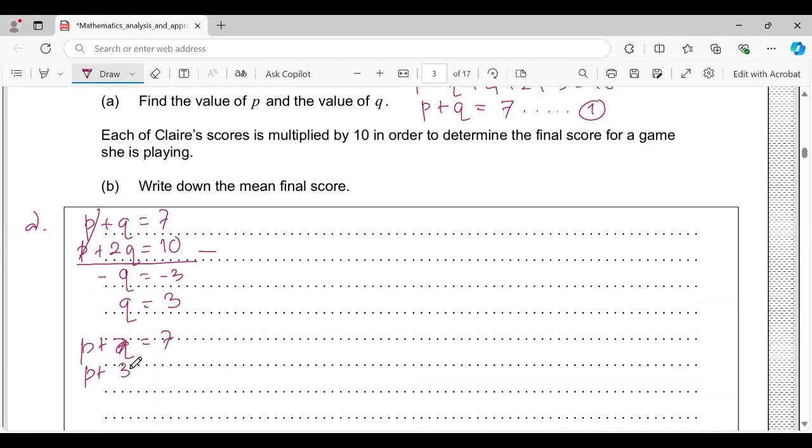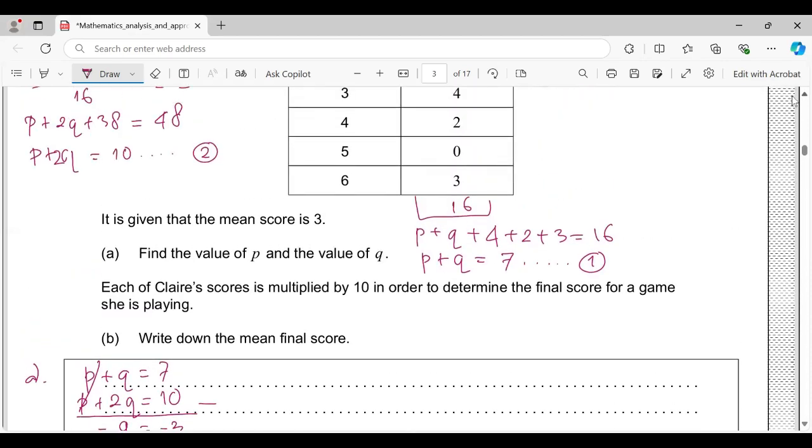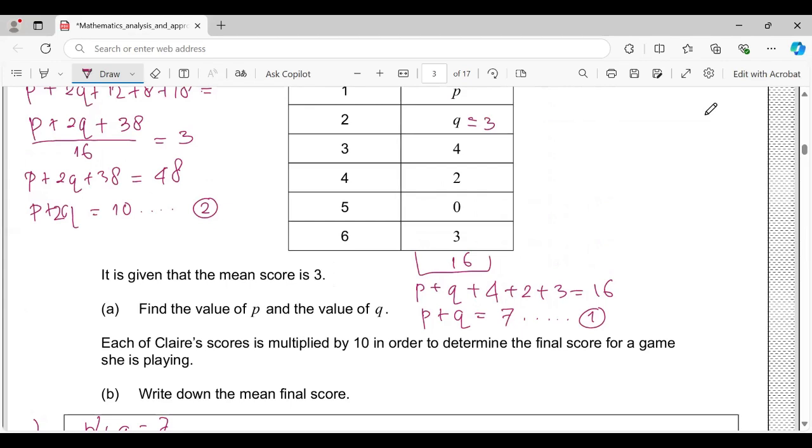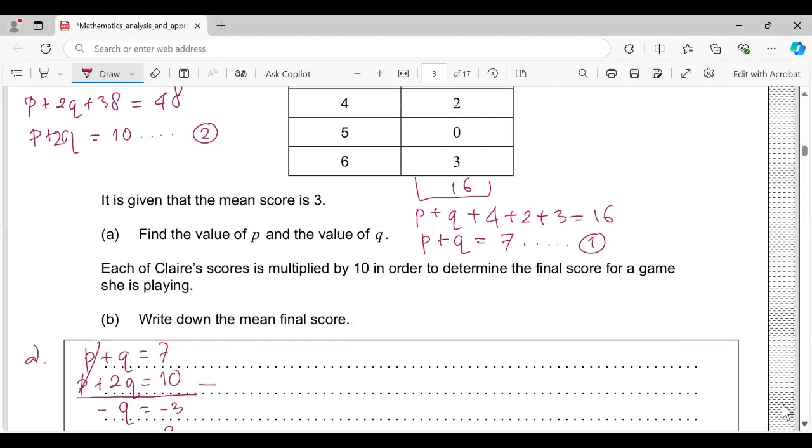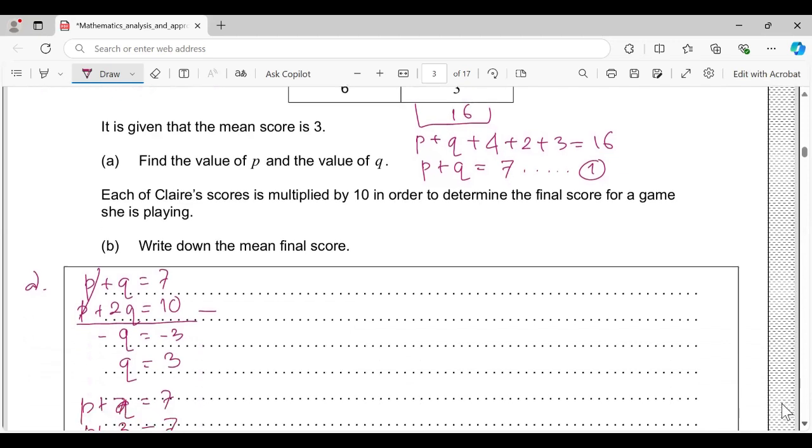P plus 3 equals 7. It means P equals 4. So this is P equals 4. Okay. So P equals 4 and Q equals 3.